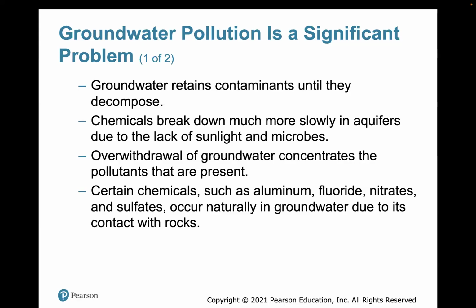For example, nitrate can do that. Nitrate in drinking water has been linked to cancers, miscarriages, and blue baby syndrome. That's a condition where the oxygen carrying capacity of infant blood is reduced. And over withdrawal of groundwater concentrates the pollutants that are present.